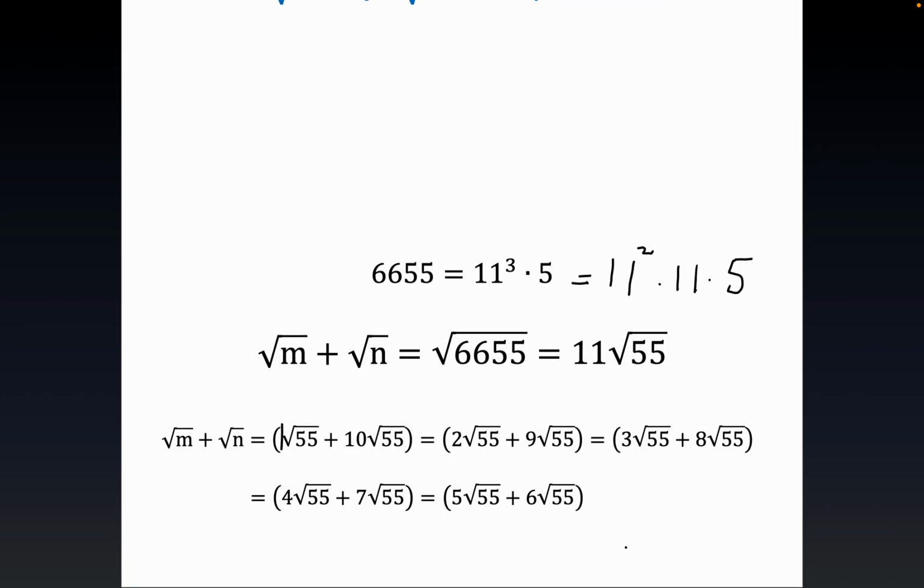I'll just write down the ordered pairs directly underneath here. The ordered pair that would correspond here, let's write it like this, (M, N). And you can almost just read it off. 55 goes here, because that's the square root of 55, and there's the square root of M. So 55 is the M coordinate.